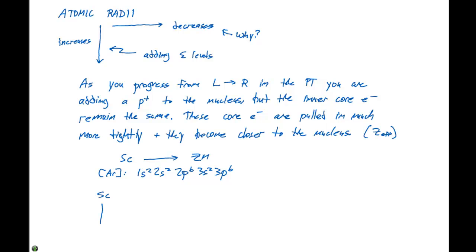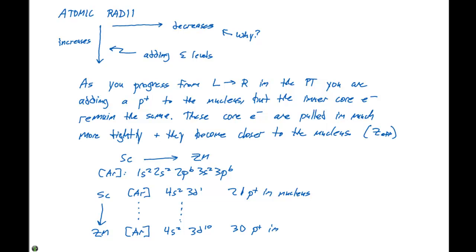With scandium, the electron configuration is argon 4s2, 3d1, and there are 21 protons in the nucleus. As we go over to zinc, the electron configuration is argon 4s2, 3d10, but there are 30 protons in the nucleus.